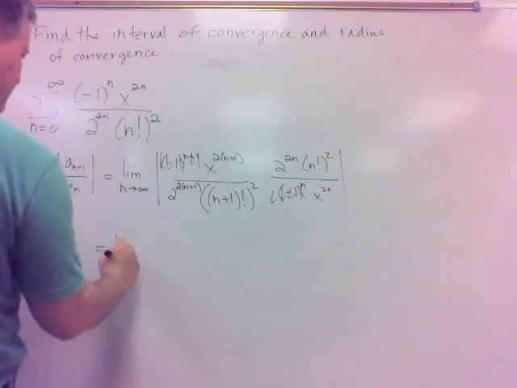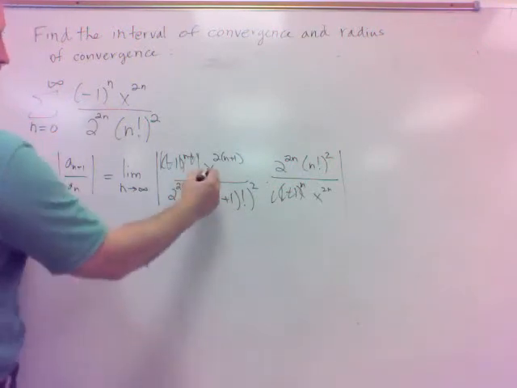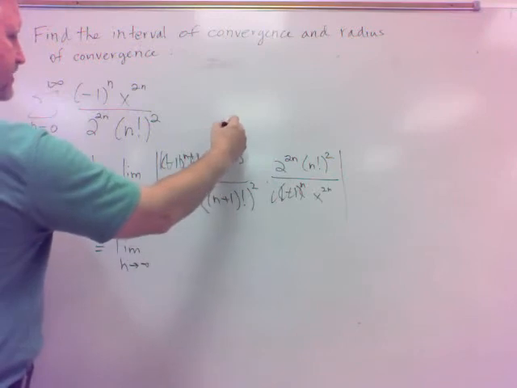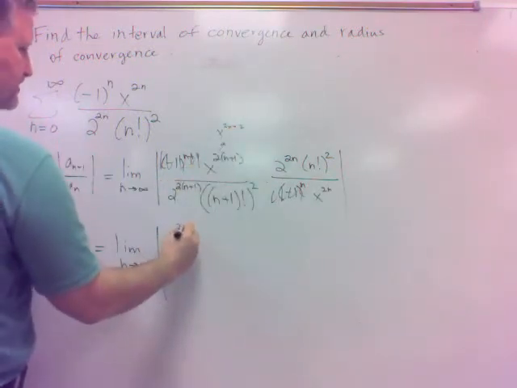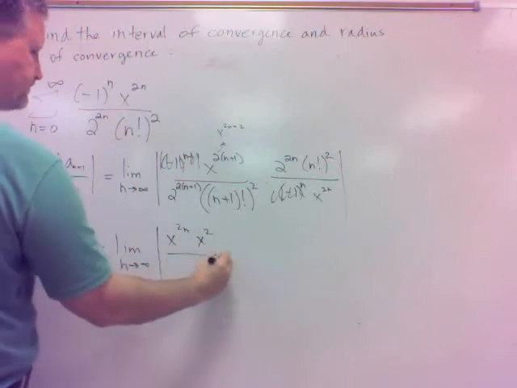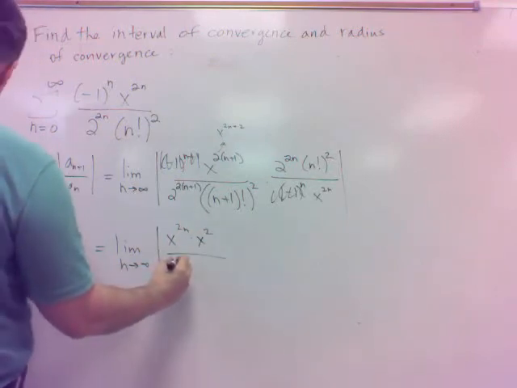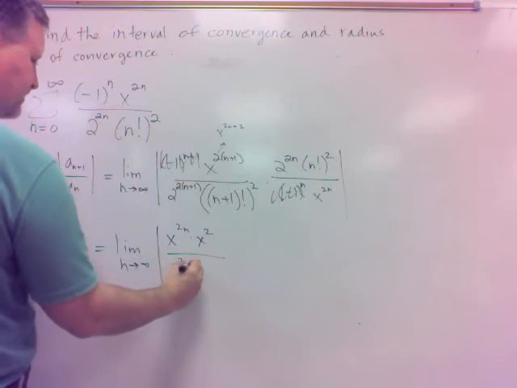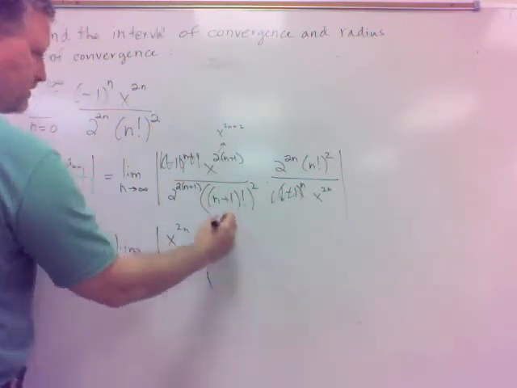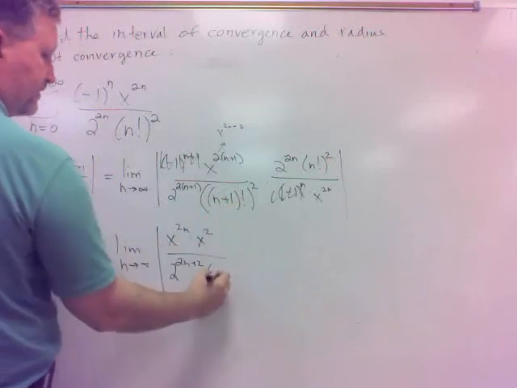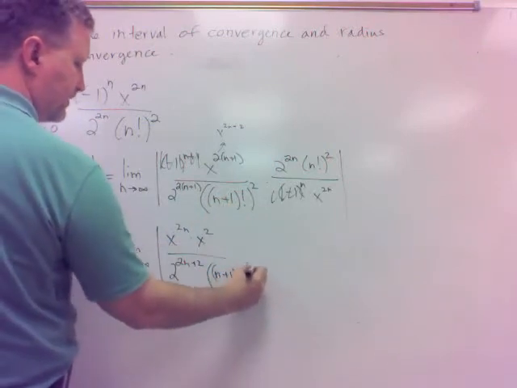Well, let's see, this right here will be x to the 2n plus 2, or in other words, x to the 2n times x squared. And n plus 1 factorial is n plus 1 times n factorial, so I got that squared.